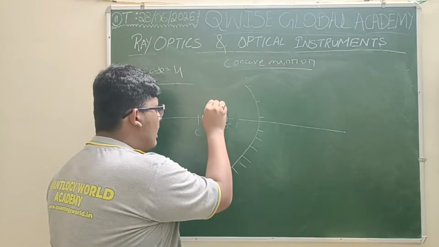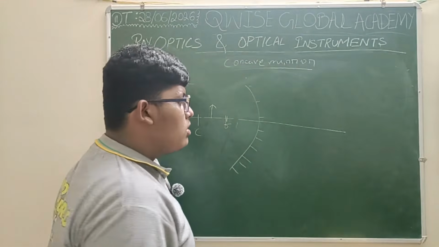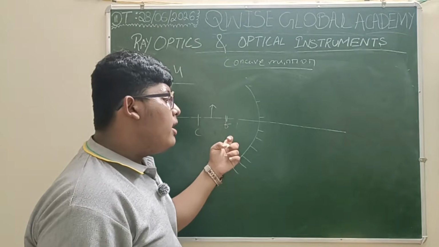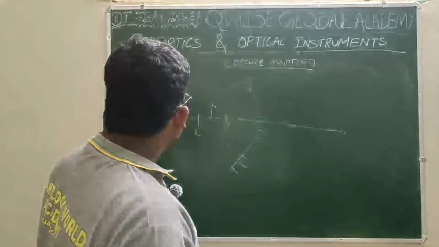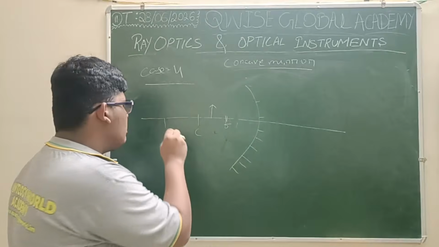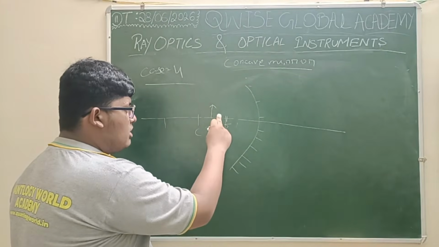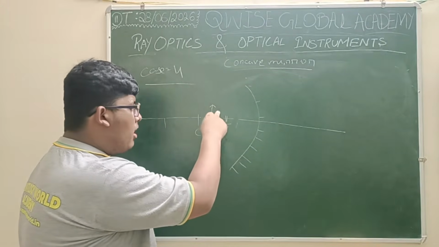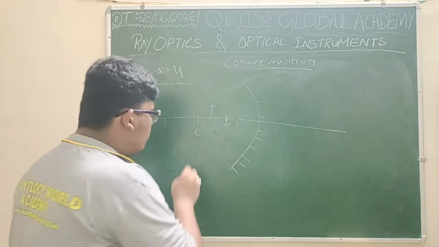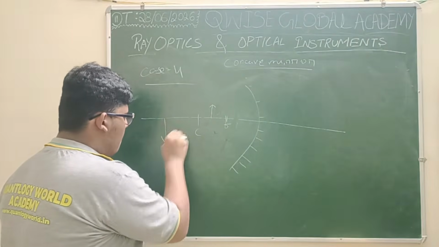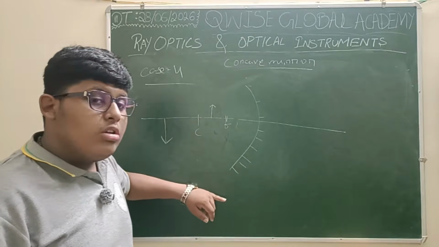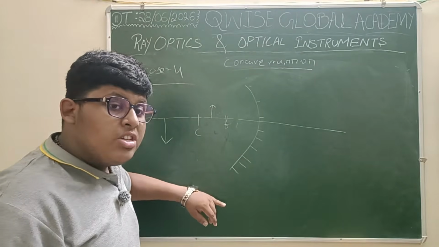When the object is standing between the center of curvature and focus, then here also the image formed is real and inverted, and the image will form beyond C, means here, and it is enlarged, means if the height of the object is 5 centimeter, then the height of the image will be more than 5 centimeter. So this is the condition for an object between the center of curvature and focus.